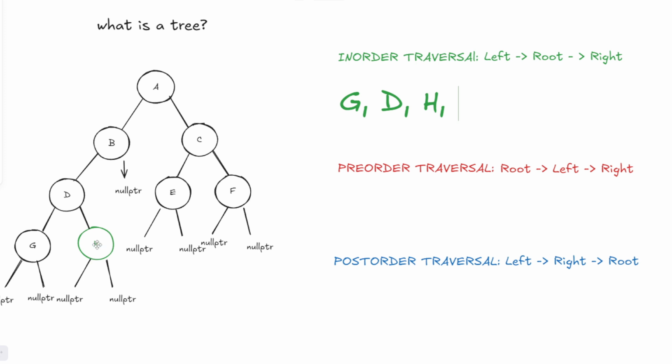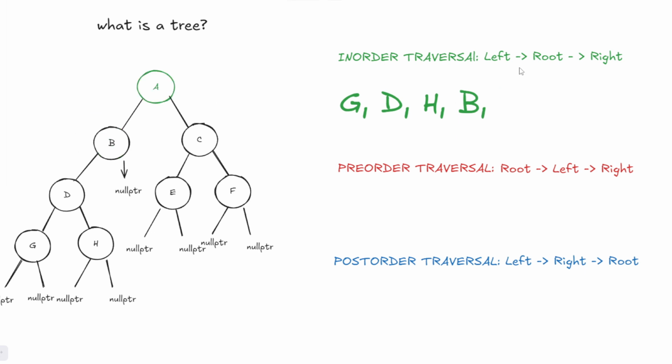So we finished GDH. So when we finish the left subtree of B, now we go and visit B and print it. Now we go to its right subtree. We find out that the right subtree of B is null.